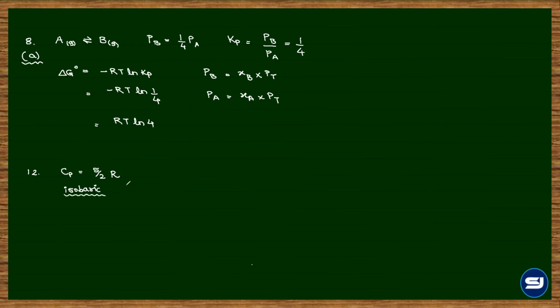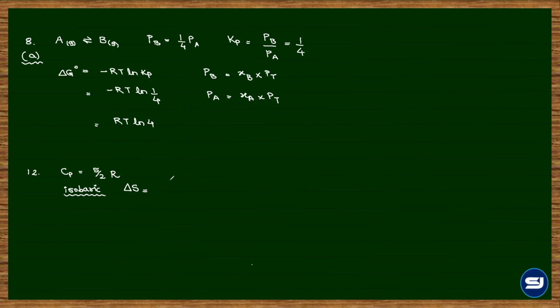What was delta S equal to? Entropy change for isobaric. I've talked about all the 4 processes.